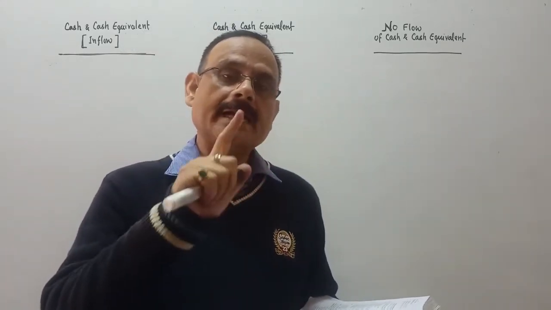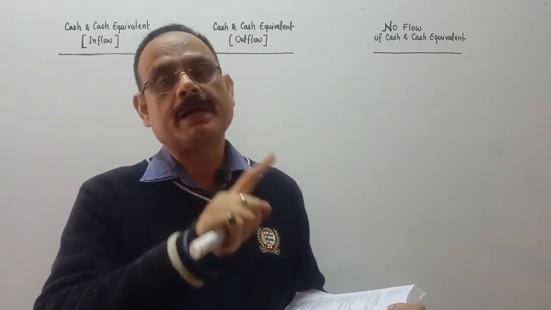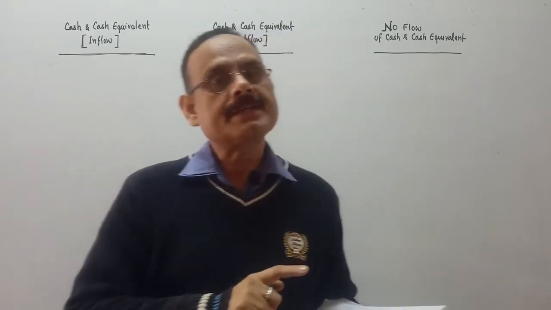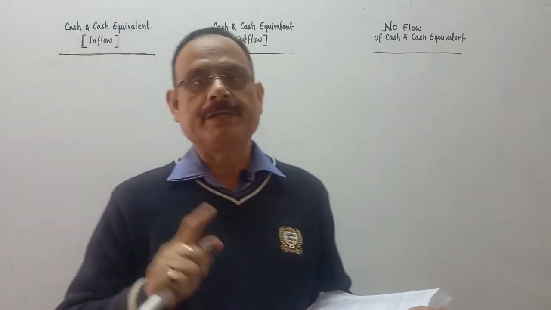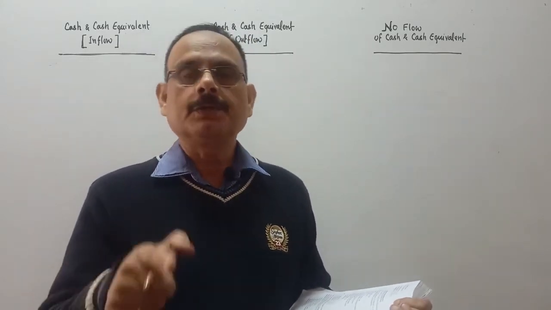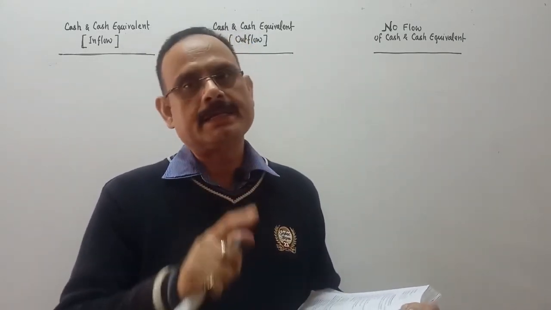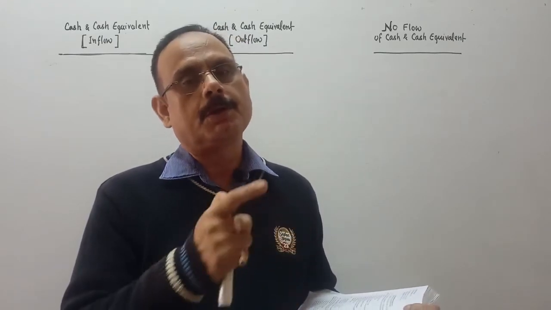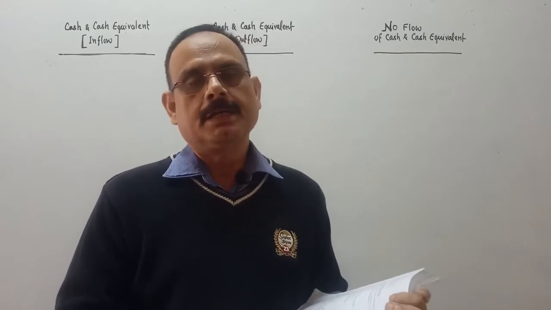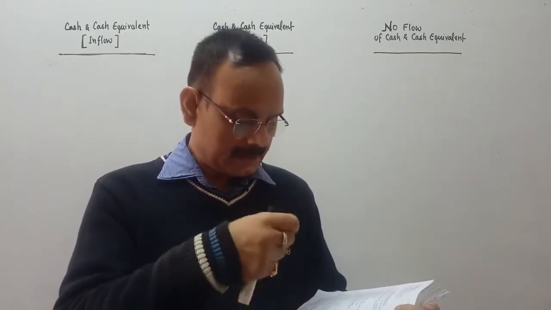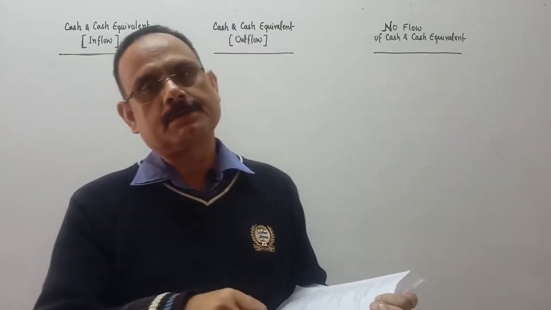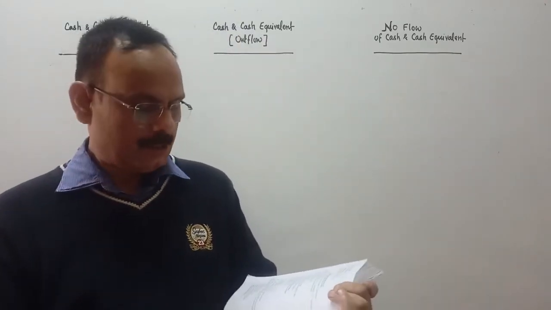Then only will cash flow. If both sides of the transaction are cash and cash equivalent, there is no flow of cash. And if both sides are non-current, then also the cash will not flow. So we'll try to understand through this question which transaction inflows the cash and which results in outflow.